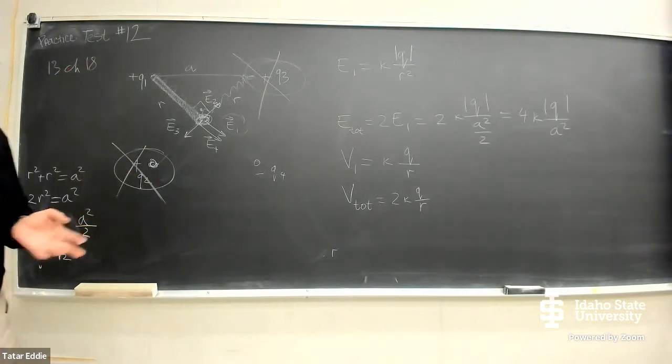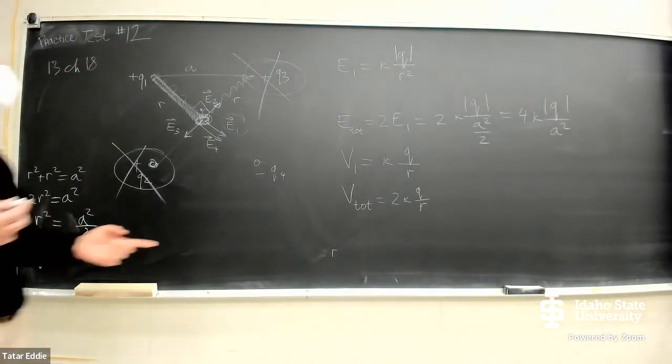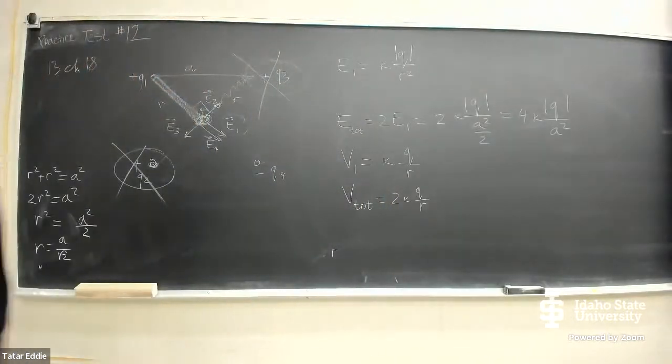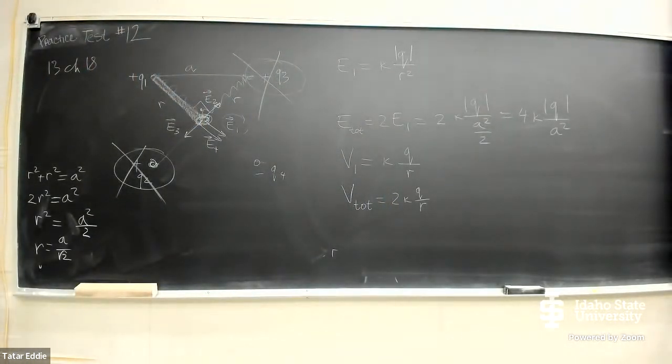Only 2 uncancelled positive charges remain, and the total voltage, of course, is double. So if we didn't have the negative charge there, we'd have 3. Yes, if you didn't have the negative charge for the voltage, you would have 3.